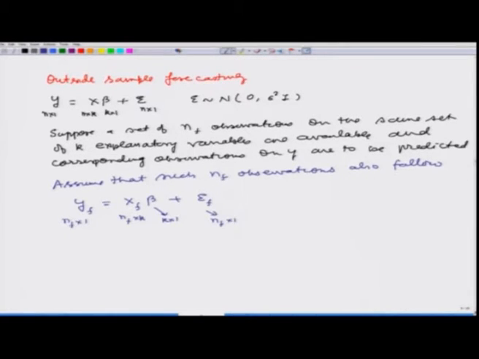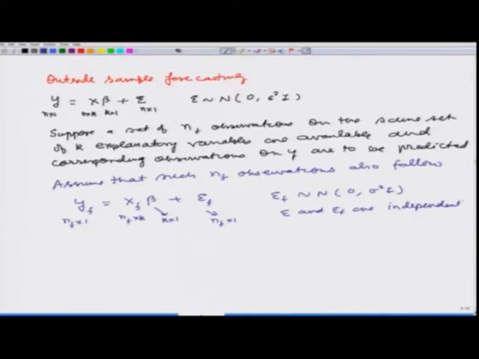We assume epsilon f follows a multivariate normal distribution with mean vector 0 and covariance matrix sigma square I, and the elements in epsilon and epsilon f are mutually independent.